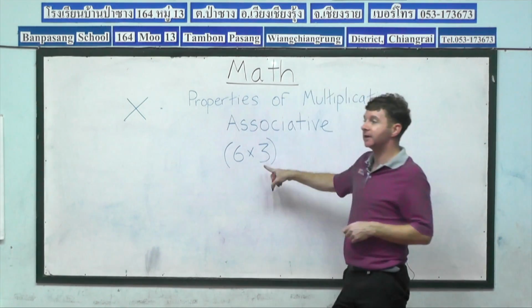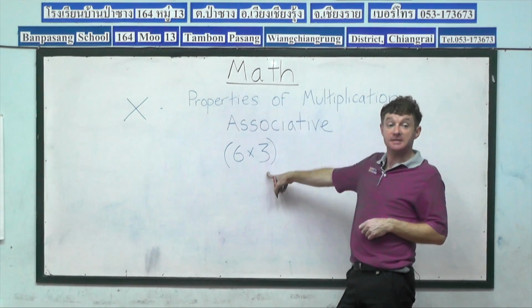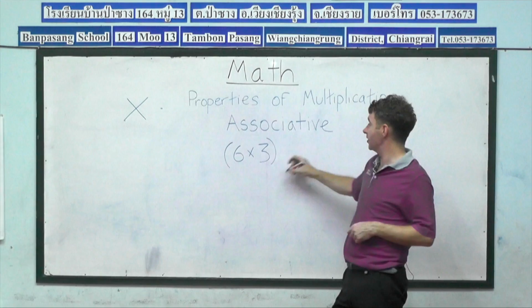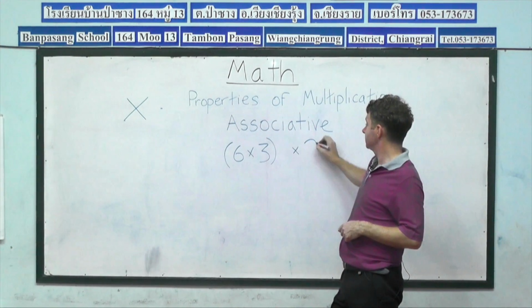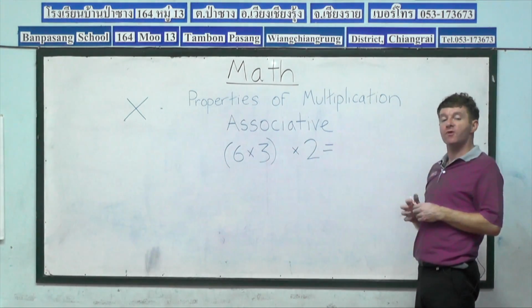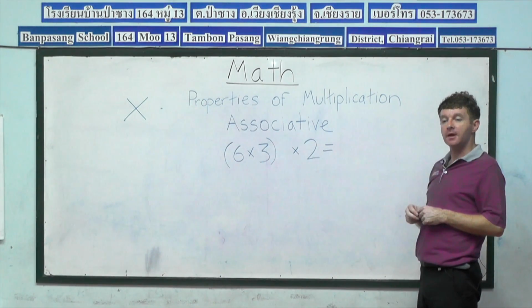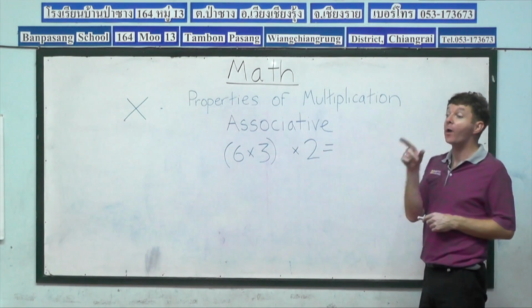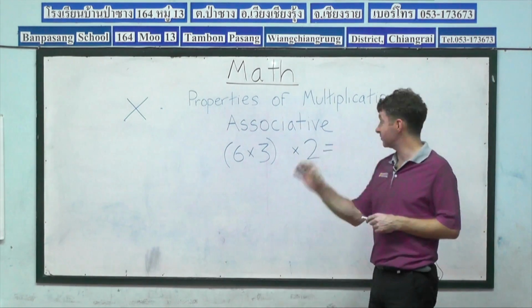For example, here we have 6 times 3, and then times 2. So which sum do we do first? If we have a math problem, we always do the sum in brackets first.